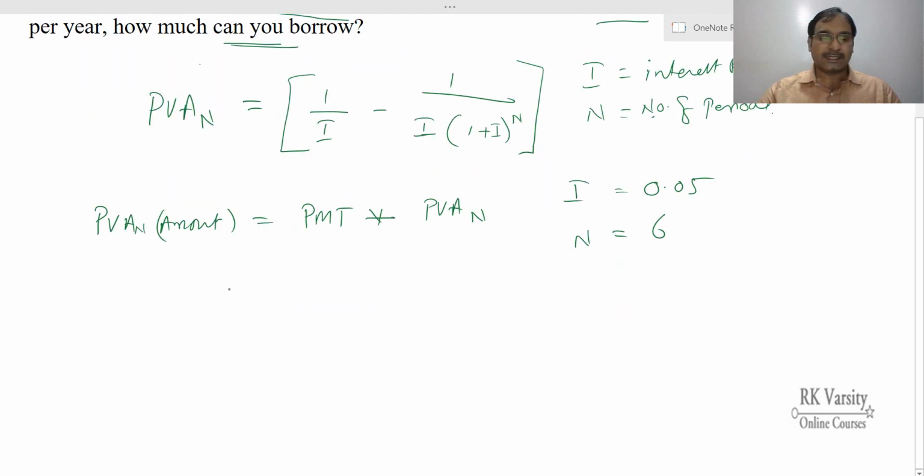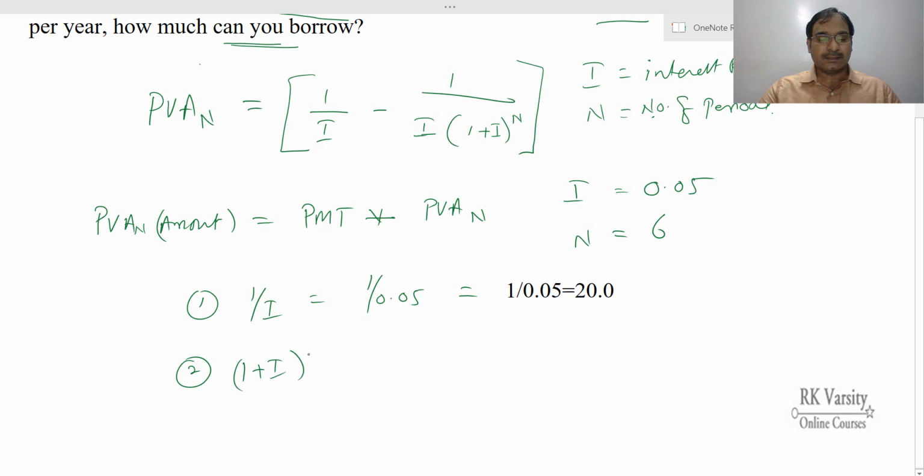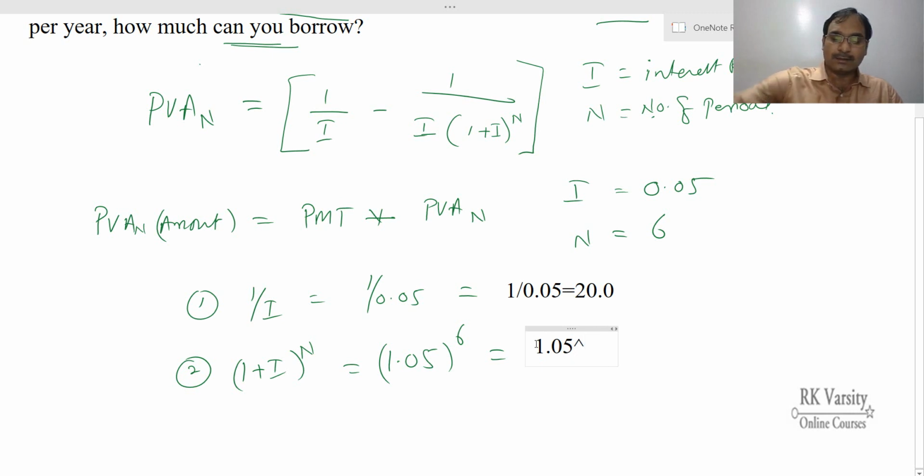Now we'll calculate it stepwise. First we do 1 upon I, so this equals 1 by 0.05, which gives you 20. Then in step 2 you calculate (1 plus I) raised to the power of N, so this equals 1.05 to the power of 6, which is 1.3401.